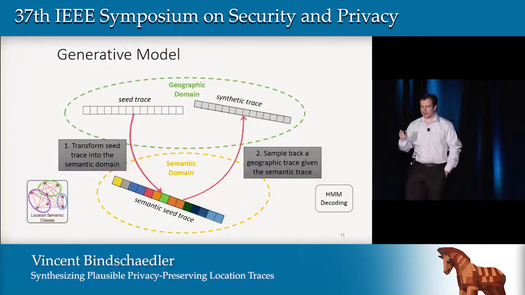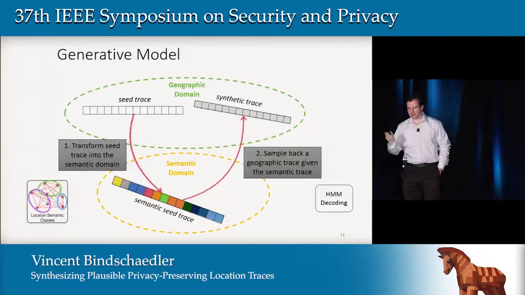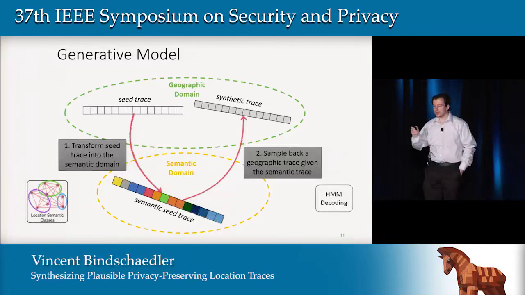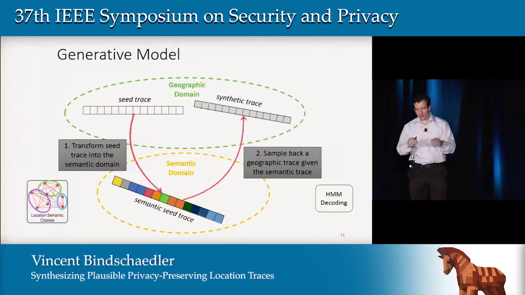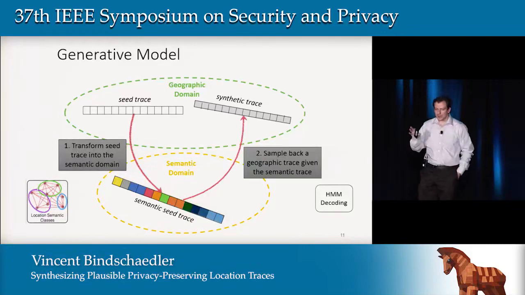Specifically, we will replace each location in the seed trace with the label of the semantic class in which that location falls. So now you can think of this as getting a color trace where each color essentially represents a semantic class. So there might be one color for the home locations, one color for the workplaces, one color for the shopping centers, etc.